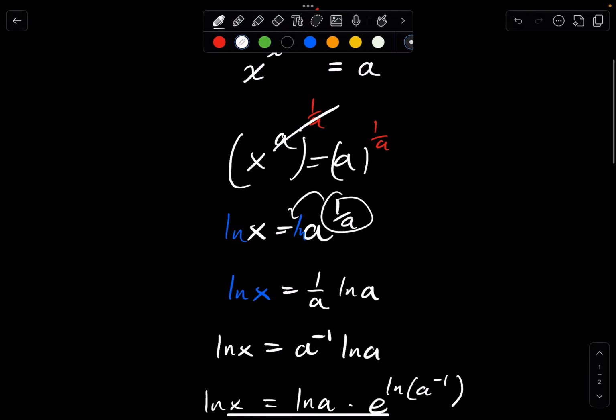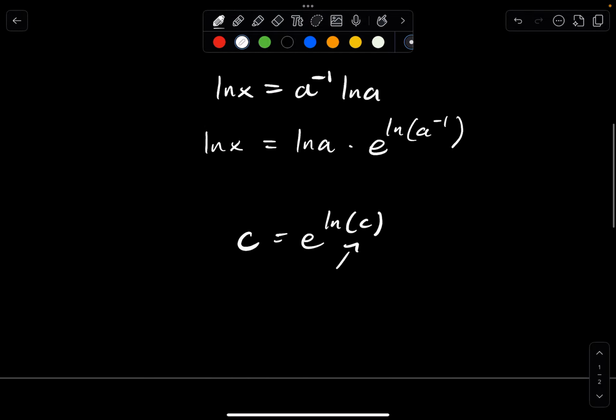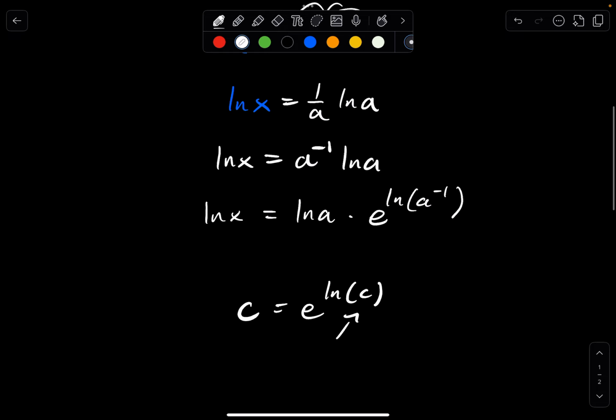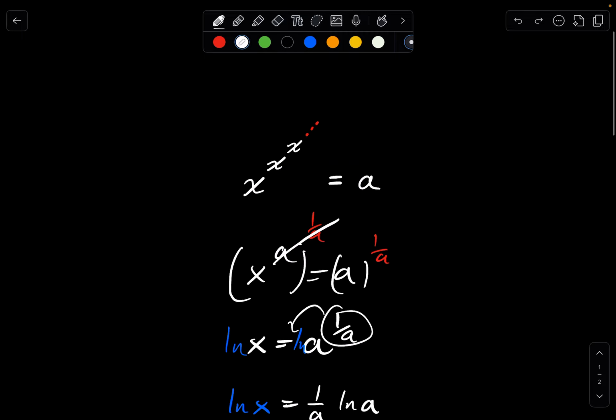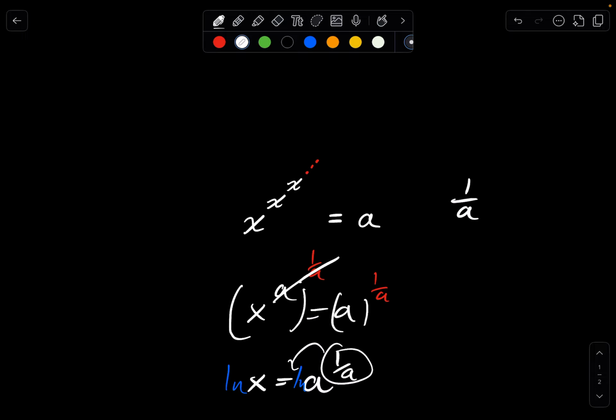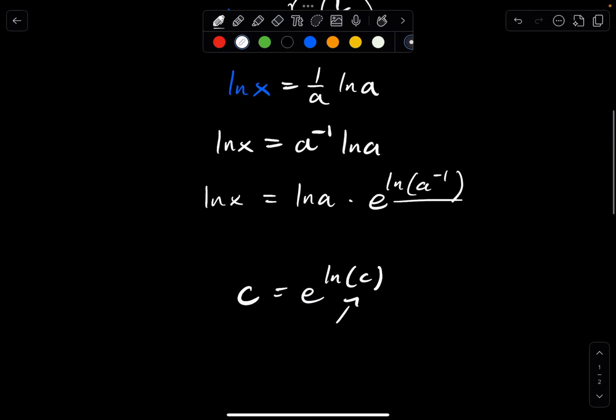But for the purposes of this solution, let's assume that this is never negative. Otherwise, the natural log will return undefined, or some complex number. I actually did a video on ln of negative numbers, but let's assume that it's positive for now. So this is under the assumption 1 over a is greater than 0, because ln of 0 is also undefined.